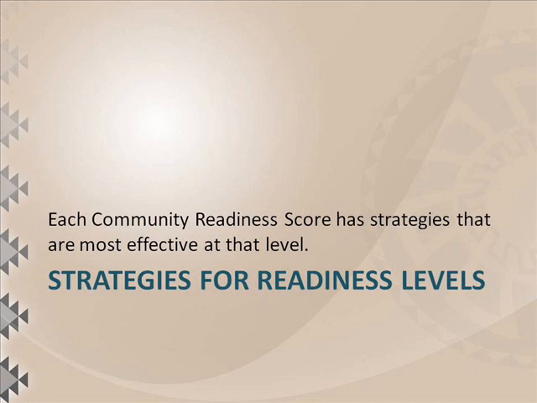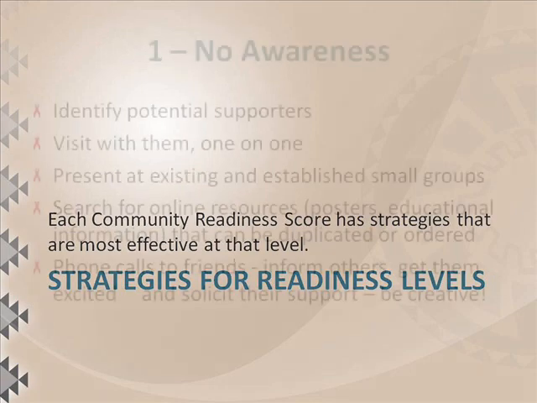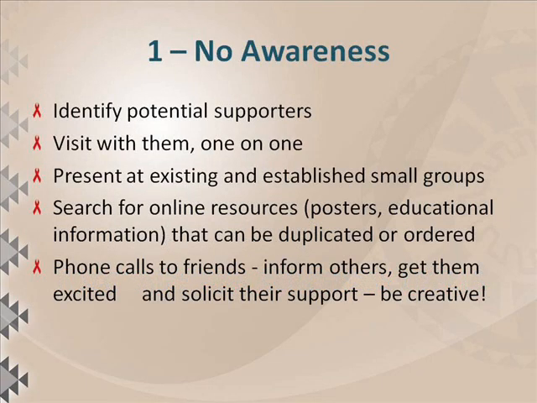Following are some examples of the types of activities or interventions that communities have told us have been most effective at those stages. At No Awareness, Stage 1, the goal would be to raise awareness of HIV and AIDS.